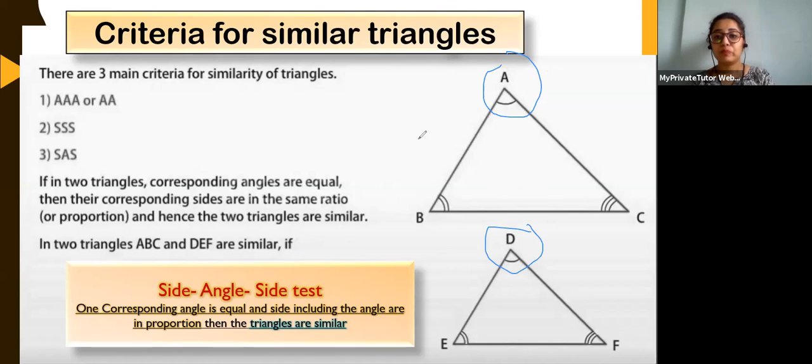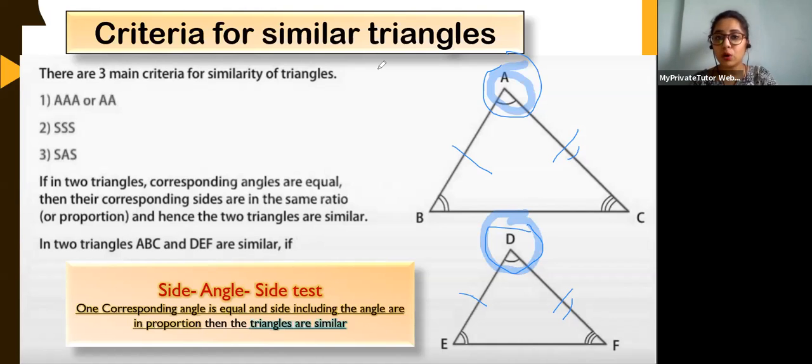If this side and this side of both triangles are in proportion, the angle should be exactly in between these two sides. You can see that angle A and angle D are exactly in between these two sides.